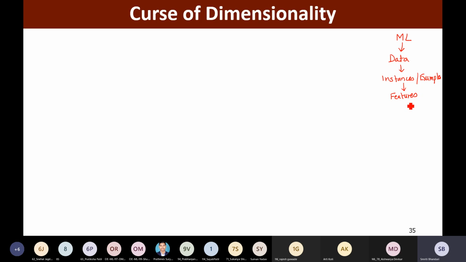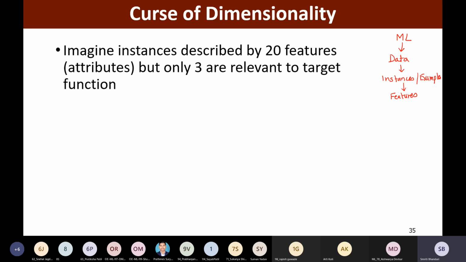the set of features. Now, let us imagine that instances are described by 20 features, but only 3 features out of those 20 are relevant to the target function that we are describing.